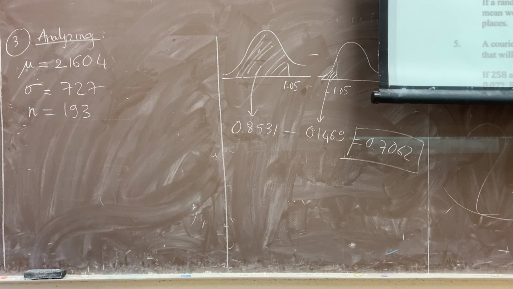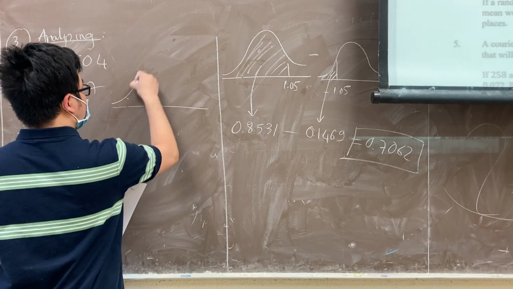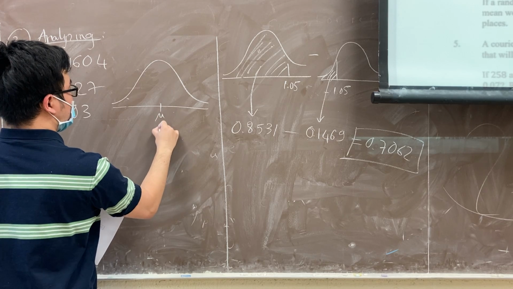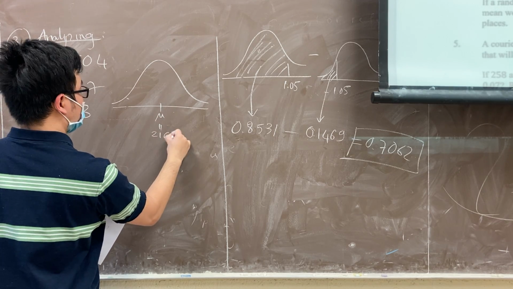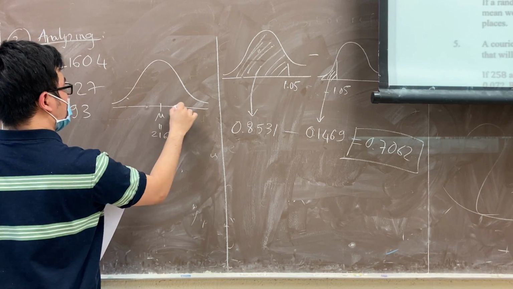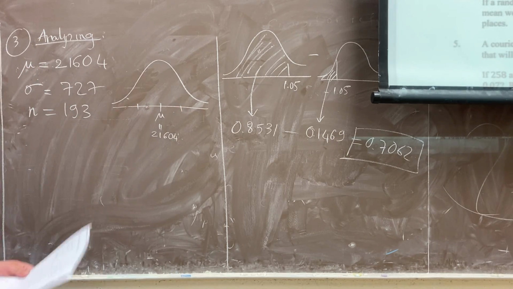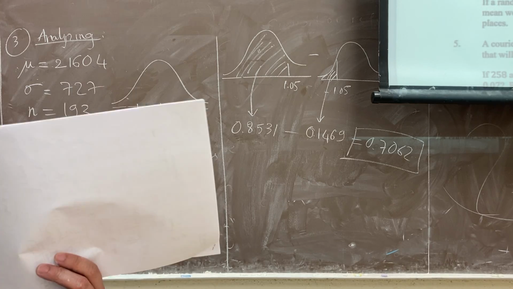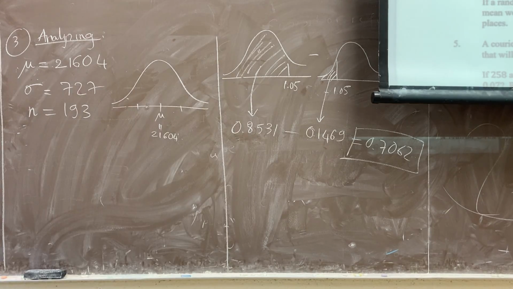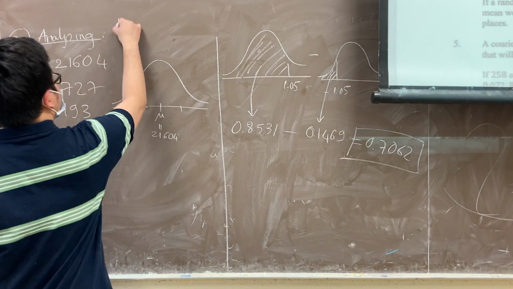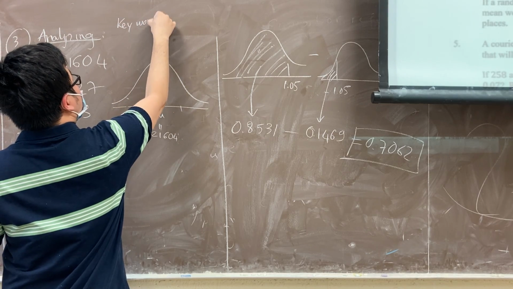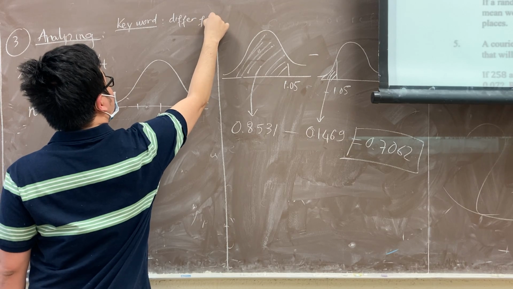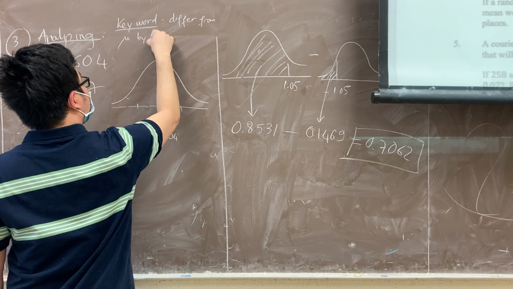Okay. And now I will draw the picture for this. This is the mean, the mean here is this number. And they ask you to find the probability that the sample mean would differ from the true mean by more than, okay, the keyword here is differ from mu by more than.